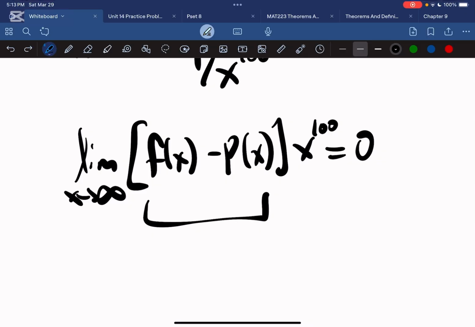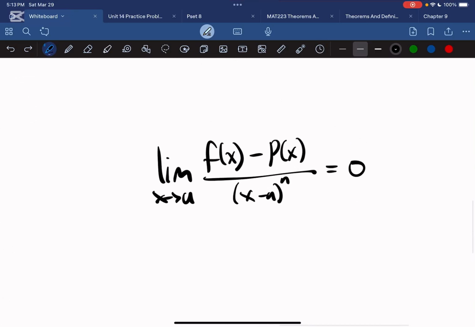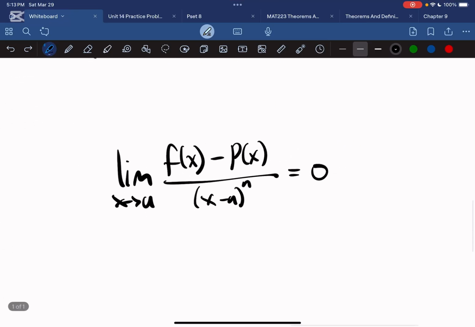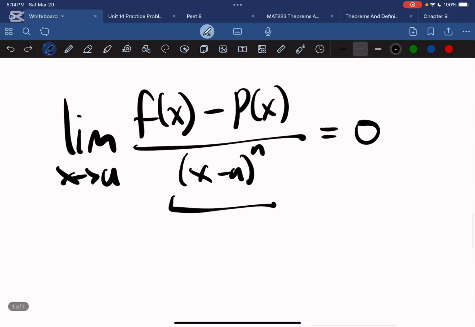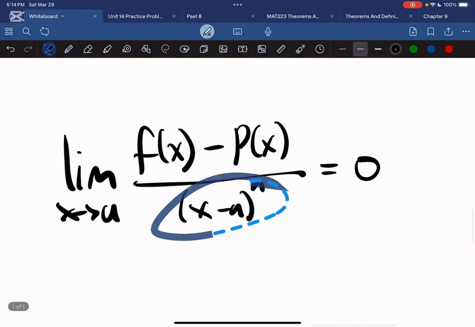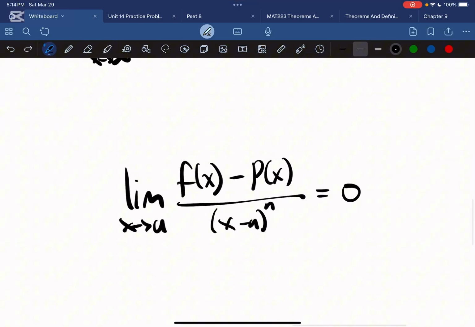Because as x goes to infinity, this guy goes to infinity, like a million infinities. But this guy still beats him. This guy still approaches 0 fast enough. That's the same idea here, except that it's now approaching 0. This bottom is approaching 0, but you have to approach 0 faster than this guy.